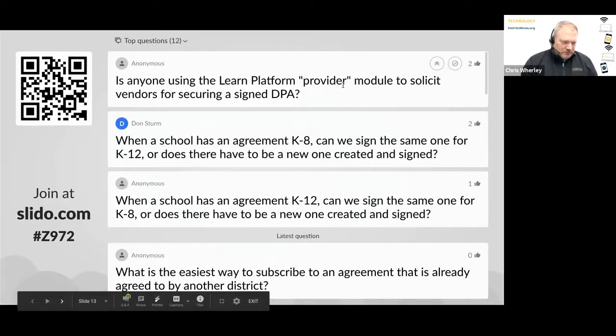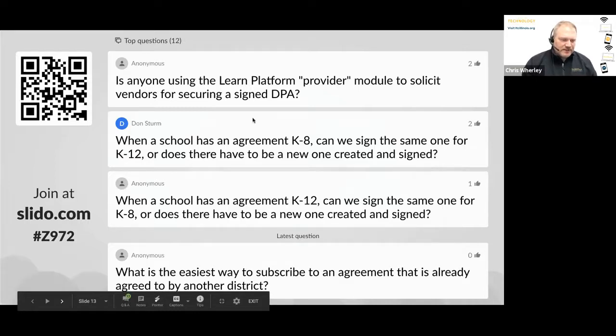Is anyone using the Learn Platform Provider module to solicit vendors for securing a signed NDPA? I'm willing to open that up or put it in chat if anybody's doing that, and that might be something that we can bring to a weekly conversation.